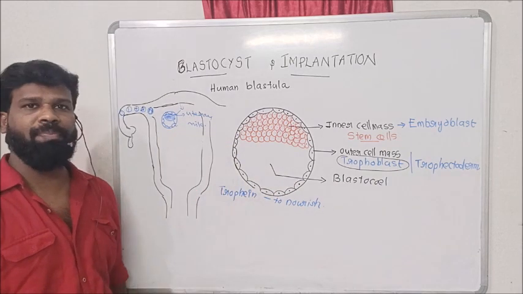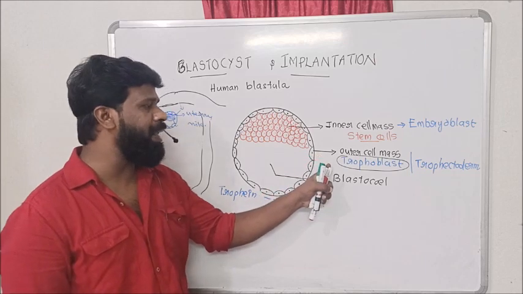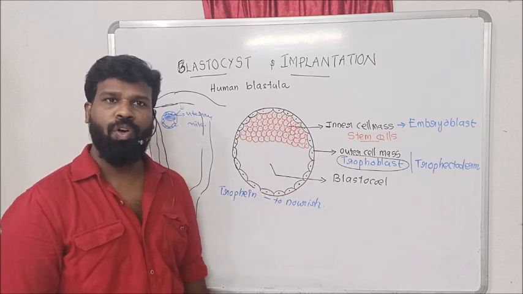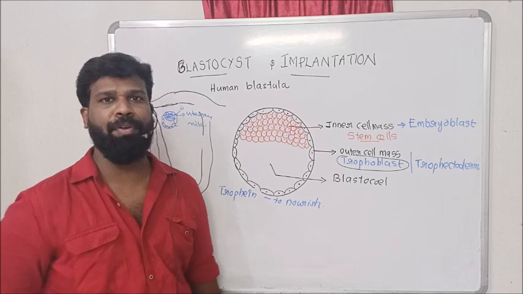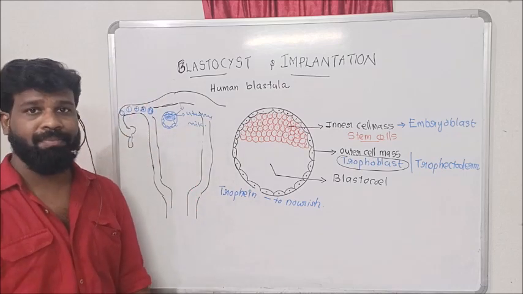So, functions of trophoblast. First function, to nourish the embryo. Drawing food for the embryo is the main function of trophoblast.